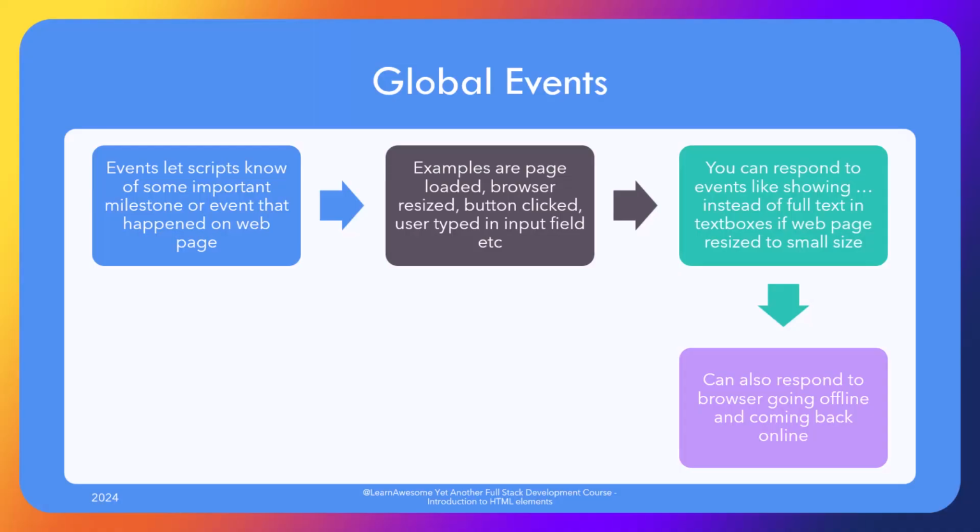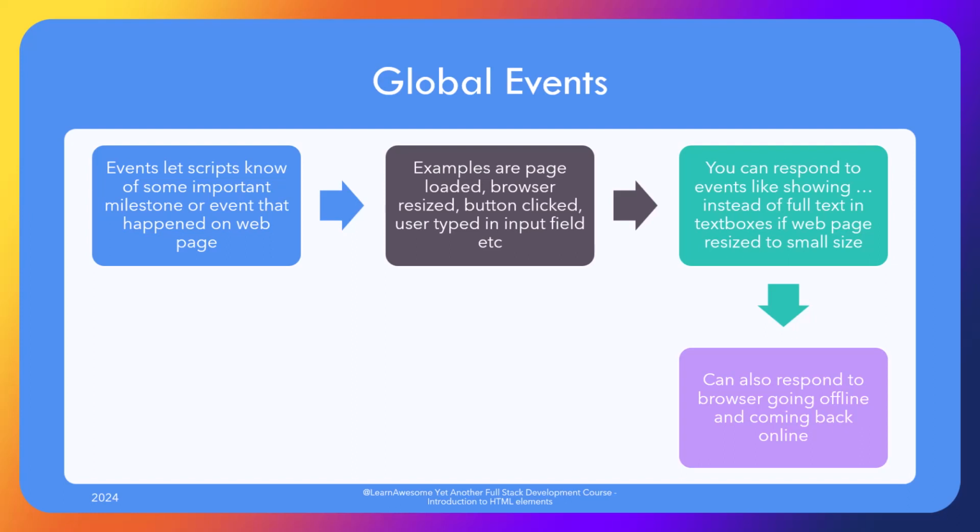Now that we know how scripting works, or at least have some idea, let's quickly get a sense of events. There are a bunch of global events that can be provided to your JavaScript code on important milestones or actions. Some of these include onload, which lets you know the page has finished loading, and your script can do a bunch of stuff in response.